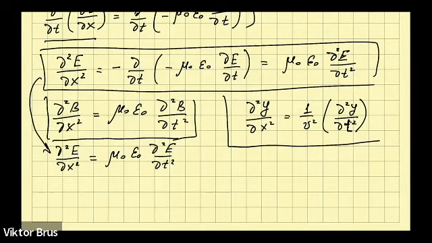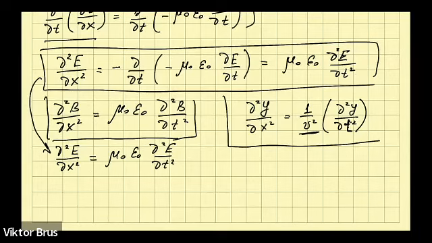So in the general wave equation, we have this term 1 over v squared, where v stands for the speed of wave propagation.